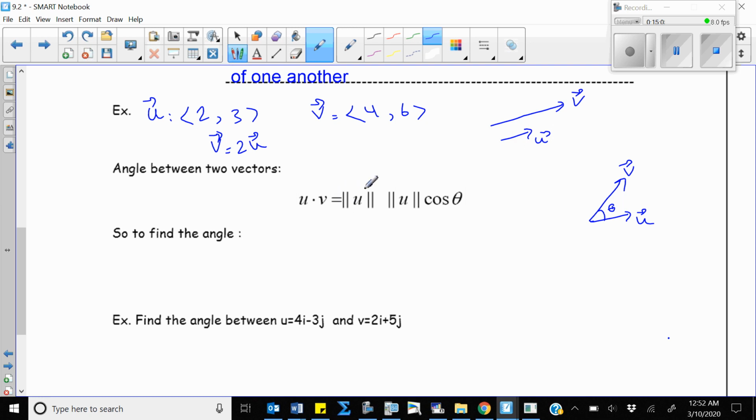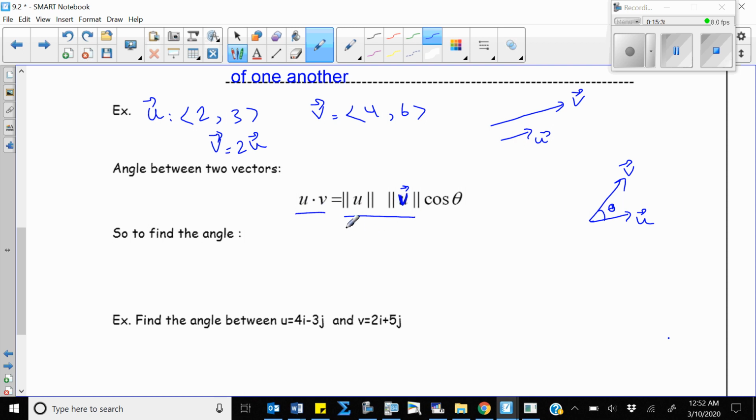So we take the magnitude of one and multiply by the magnitude of the other one. This is supposed to be v. And multiply them by the cosine of the angle between them. Now, if I want to find this angle, I can use this formula. So I need to get cosine of theta by itself first, and then I can find theta. To get the cosine of theta by itself, I can get rid of these two magnitudes.